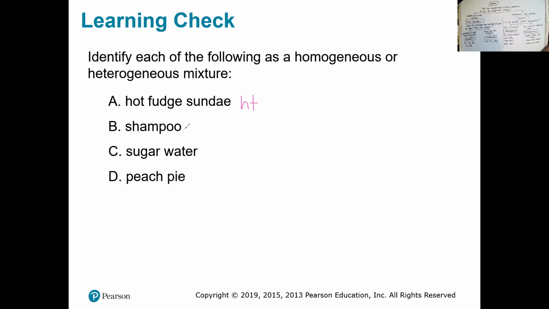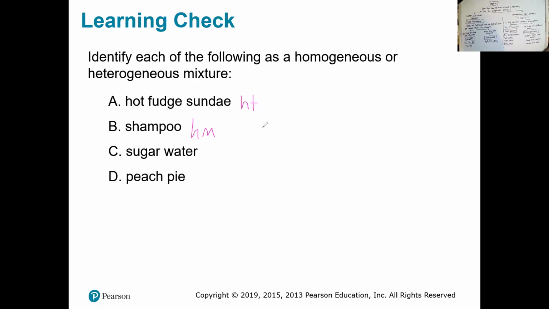Most shampoo that you would squeeze out of a bottle looks pretty uniform in its gel form. You usually don't see solid chunks or anything like that in shampoo. So this is going to be homogeneous.